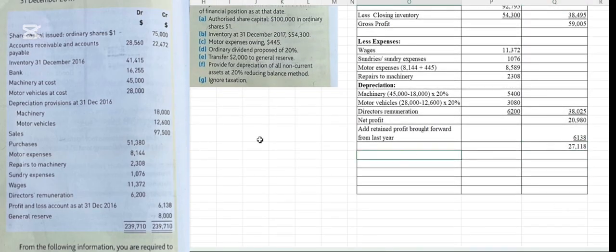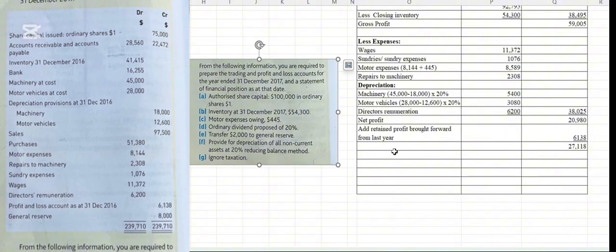Now we're going to take into consideration our appropriations. Less appropriations. We're going to start off with our dividends.